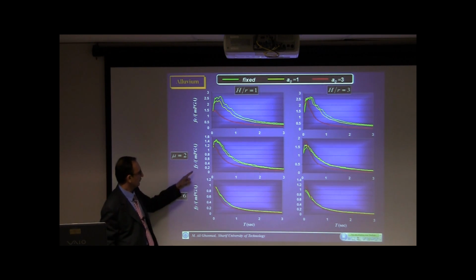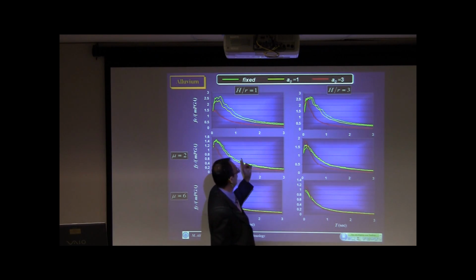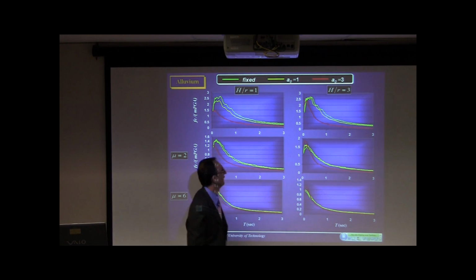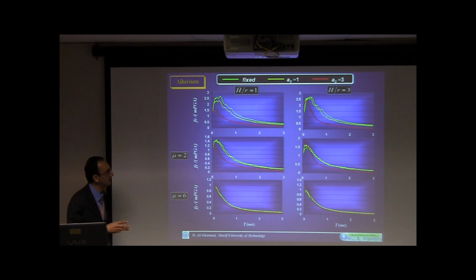But for these two cases, we have inelastic strength demands for two levels of ductilities. And in each figure, this is for H over R equal to 1 and T equal to 3. And in each figure, we have three lines. The green one is the fixed base, yellow for A01, and red one for A03. It means the case with severe soil structure interaction effect.